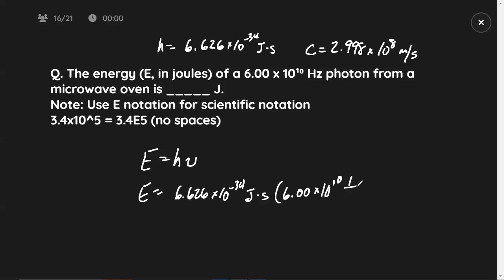Remember that hertz are reciprocal seconds. So the seconds and the reciprocal seconds end up canceling. Put those together to 3 significant figures, 3.98 times 10 to the negative 23rd joules.